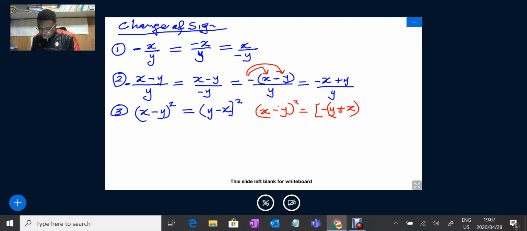This positive becomes negative, because negative 1 divided by a positive becomes negative. So this is what we are having.